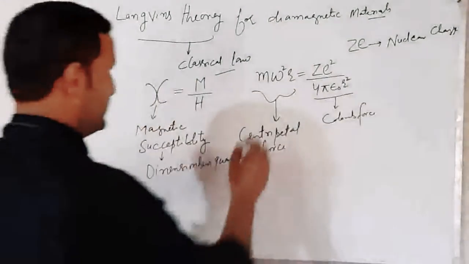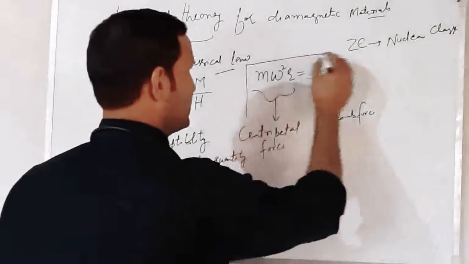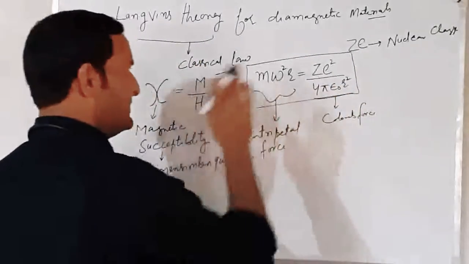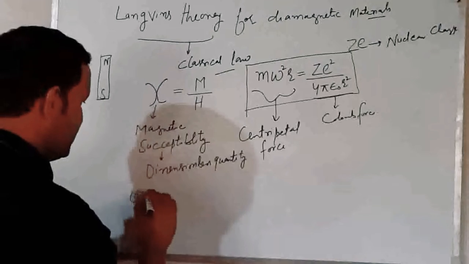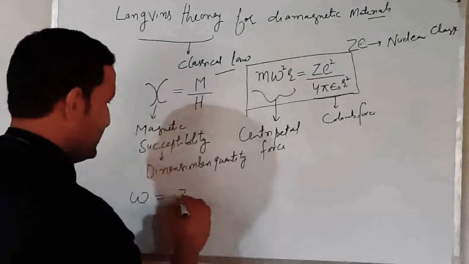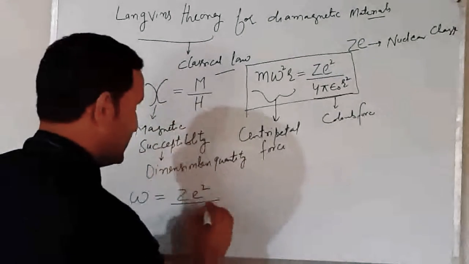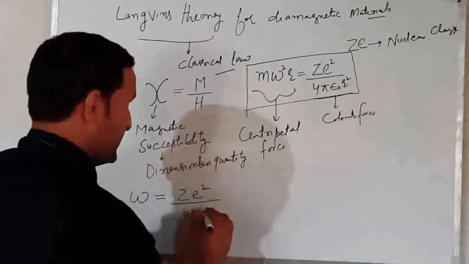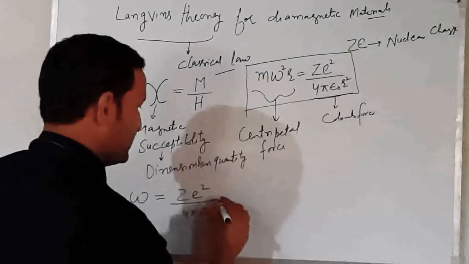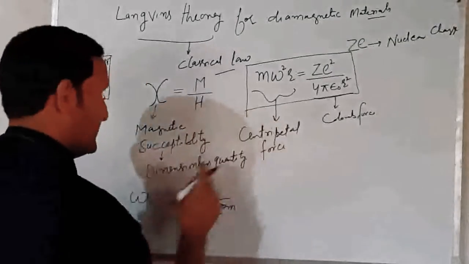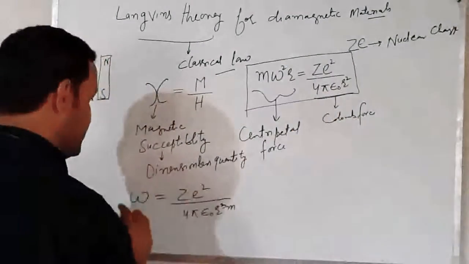So we can write this equation, and from this equation we can calculate omega, the angular frequency, which will be equal to the square root of Z e square upon 4 pi epsilon naught r square m, that is r cube m, because r and r will give r cube here.